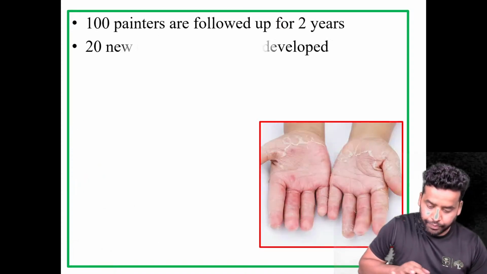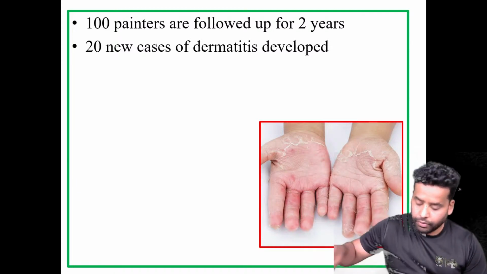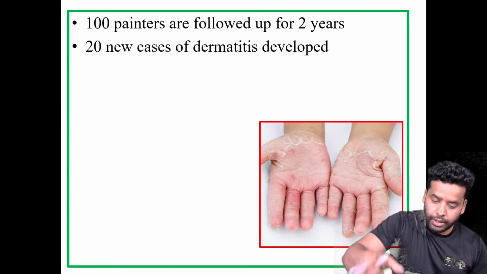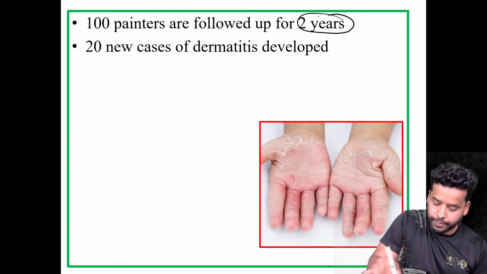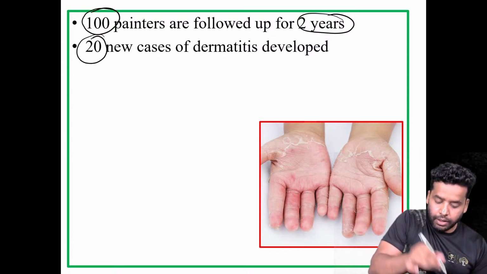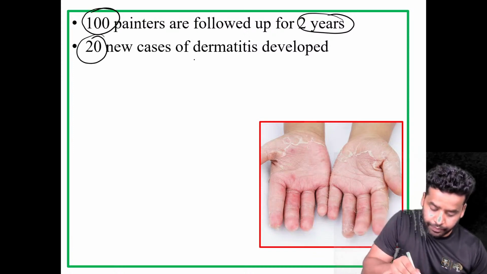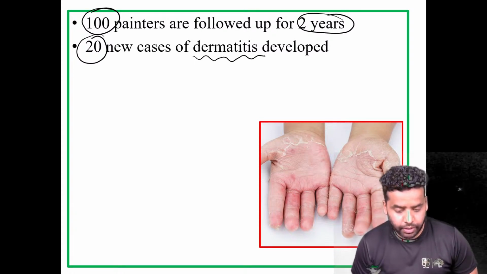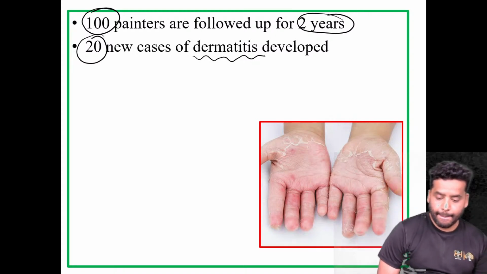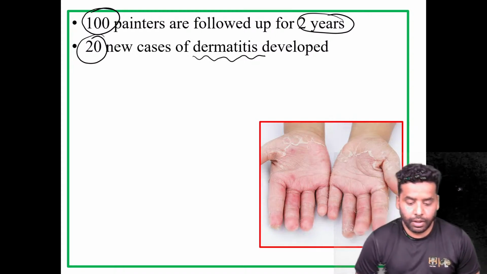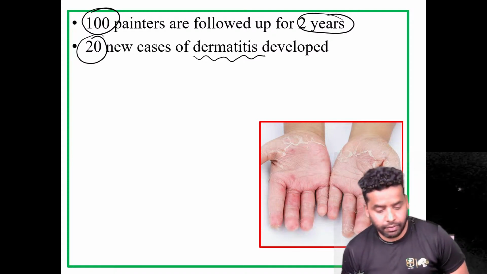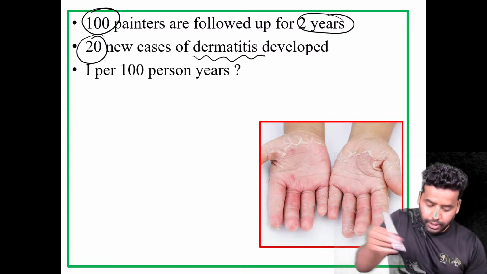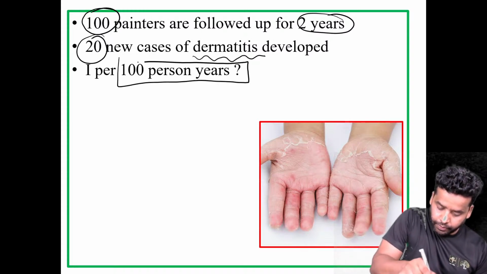Take one more question. 100 painters are followed up for 2 years. 20 new cases of dermatitis developed. Write this. Calculate incidence per 100 person years.